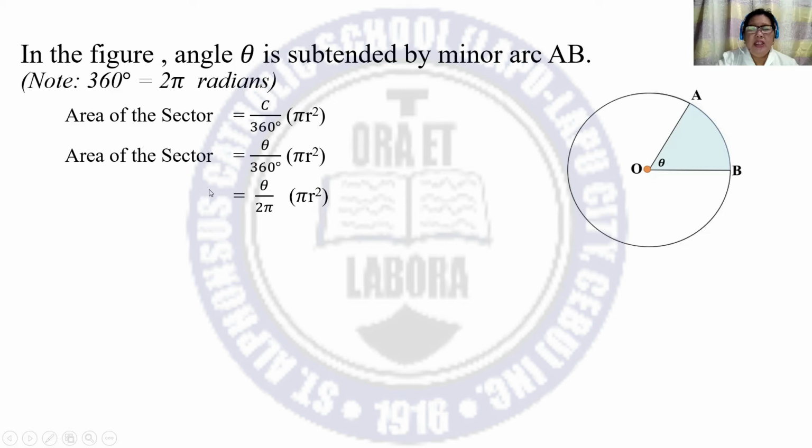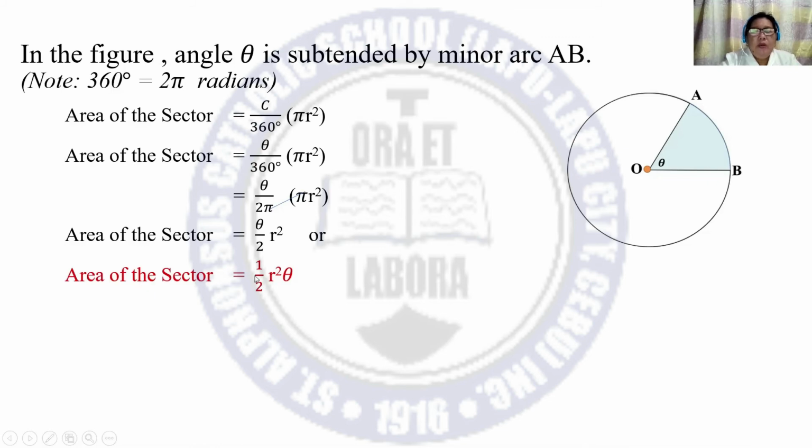And then change 360 into 2 pi times pi r squared. And cancel pi, so what is left is theta over 2 times r squared. Now this can be simplified into 1/2 r squared theta.